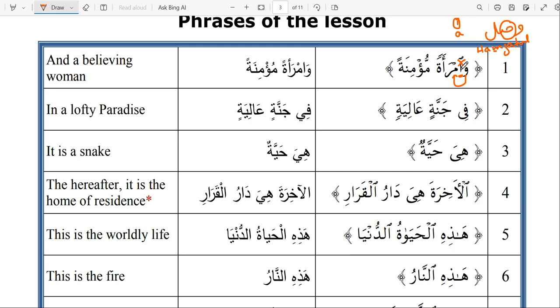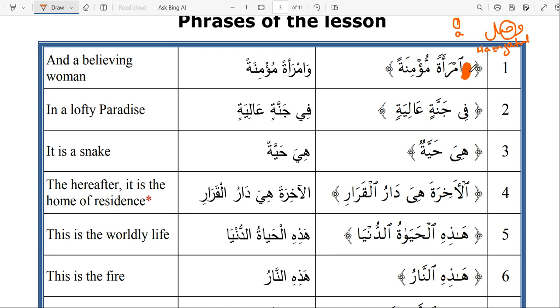But there is another rule: when hamzatul wasl starts the ayah, or it starts a sentence, then you have to read hamzatul wasl. But in this case, if I remove the wow, I'm just explaining, I'm not changing anything that has come in the Quran, just trying to explain you.